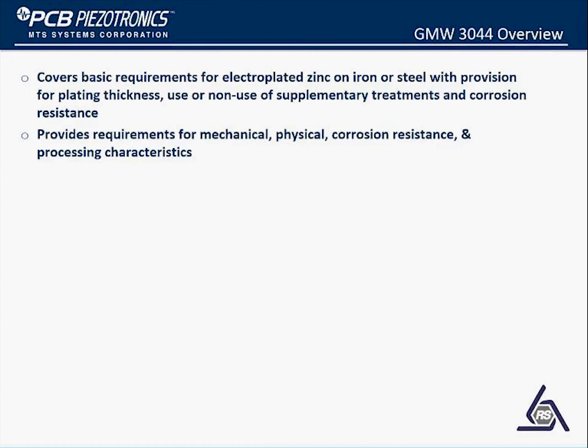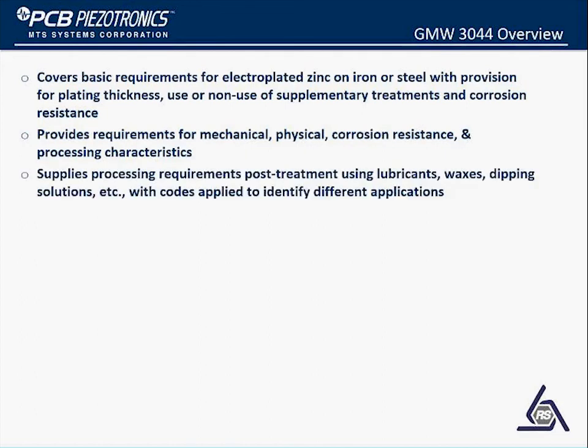It provides requirements for mechanical, physical, corrosion resistance, and processing characteristics. It supplies processing requirements for post-treatment using lubricants, waxes, dipping solutions, etc., with codes applied to identify the different applications. And it identifies special surrogate bolt, nut, and washer part numbers.